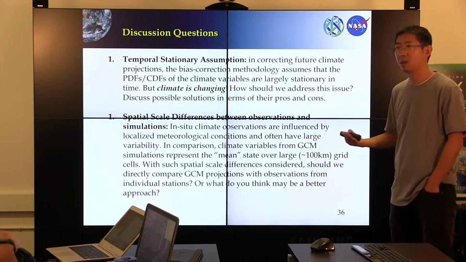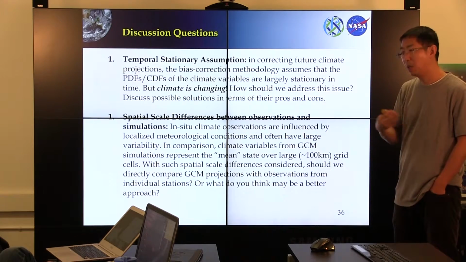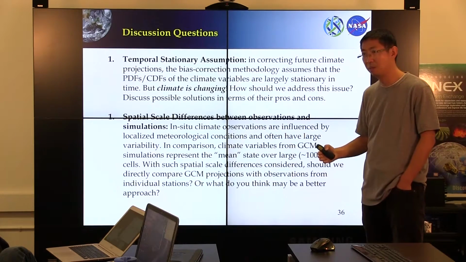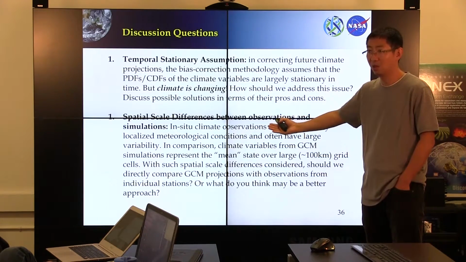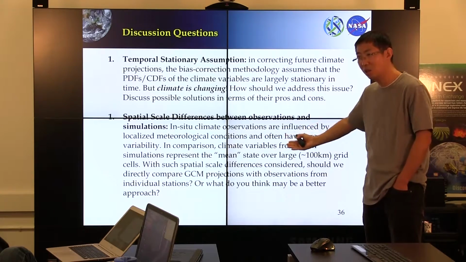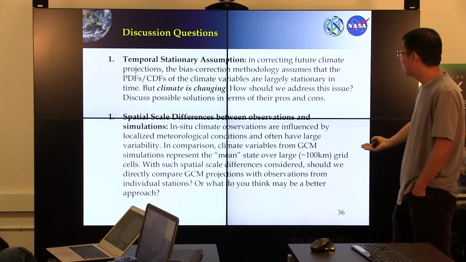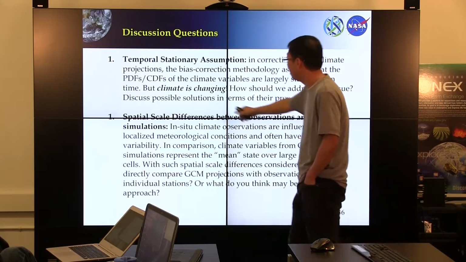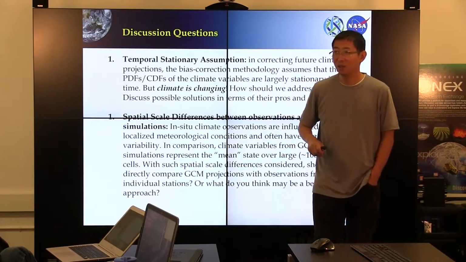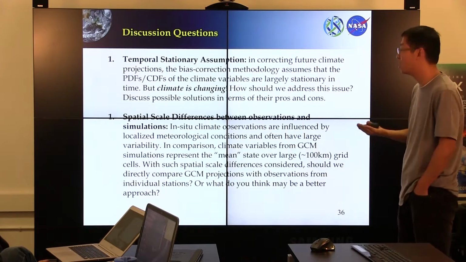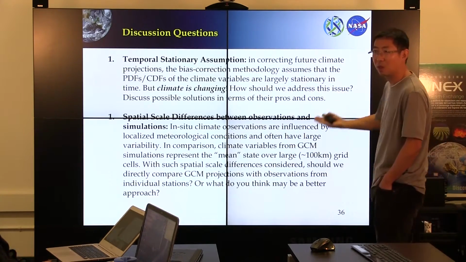We made the assumption that the PDF or CDF between historical time and the future will not change, right? If they're going to change, you cannot map it, because it's already changed. But we know climate is changing, so how can you make that an assumption? Definitely there's something to be taken care of.